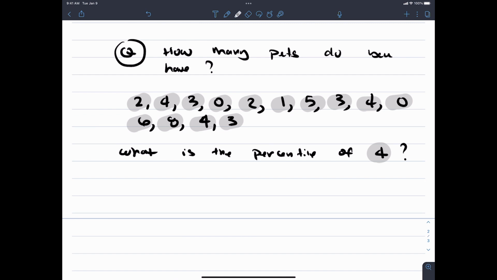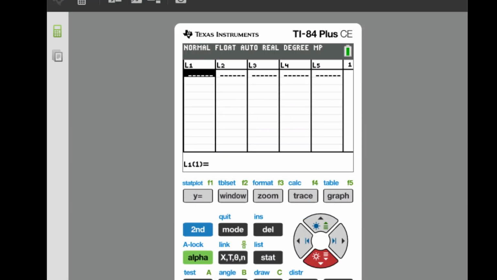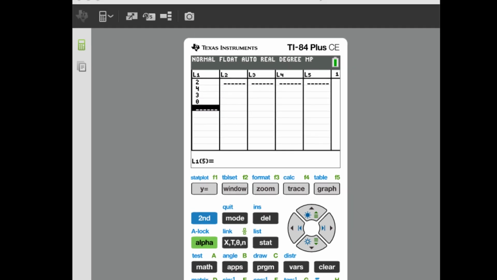Enter all those data values, but be careful as you enter them, you may want to cancel them. So here you go. 2, 4, 3, 0. And you say, well, I can't see all the details. Okay, let's scroll out.